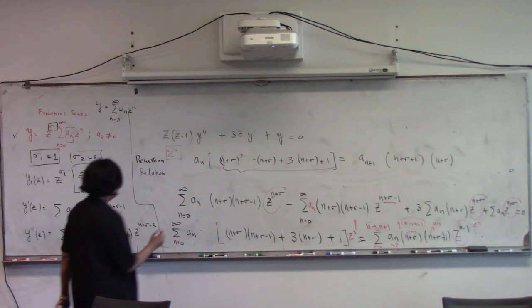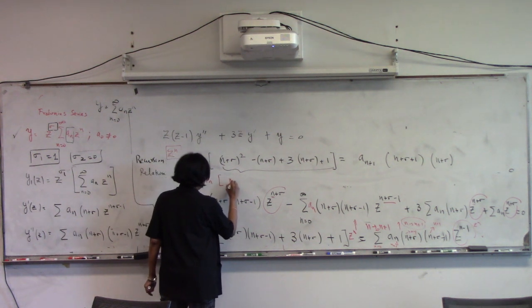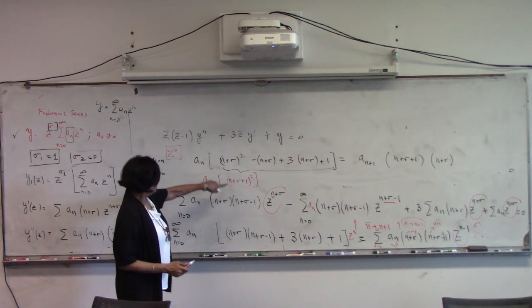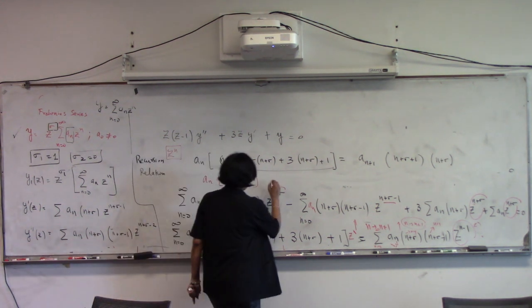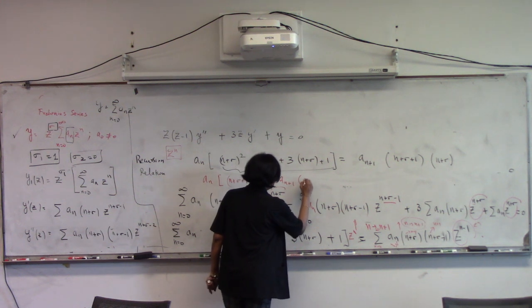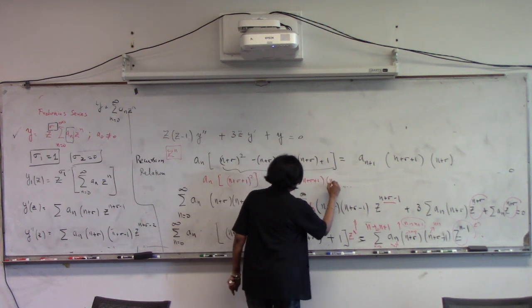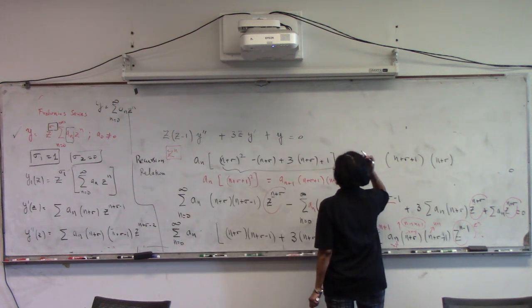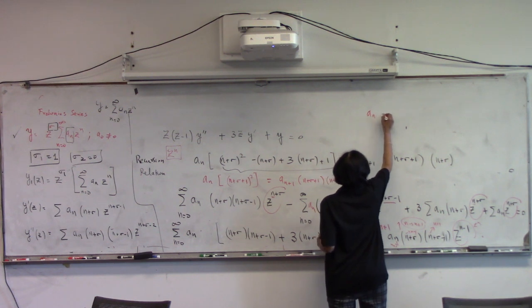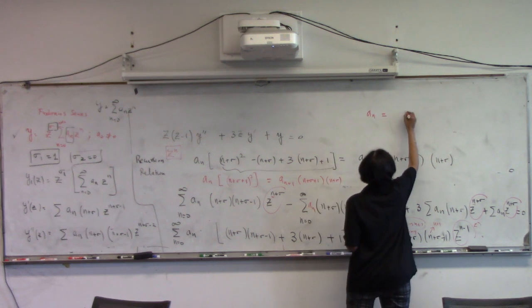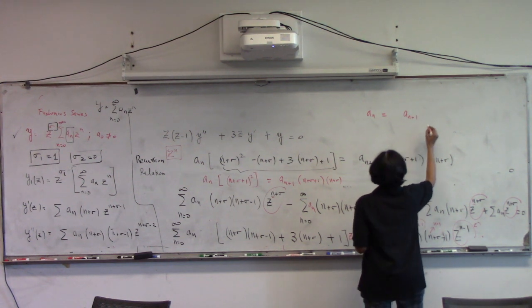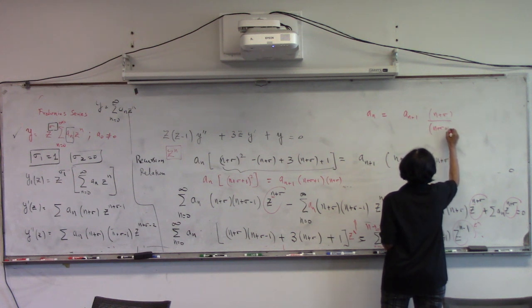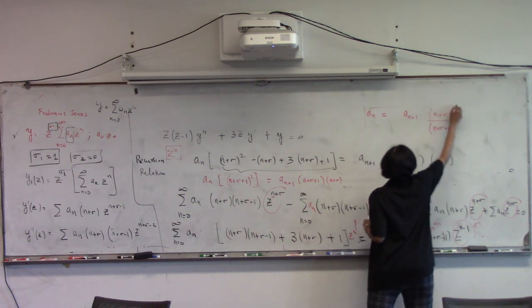Can I write it as a_n (n plus sigma plus 1) whole square? Yes. Or what I have is the following. I can cancel that. a_n is nothing but a sub n plus 1 times (n plus sigma) over (n plus sigma plus 1). That's the relationship I have.